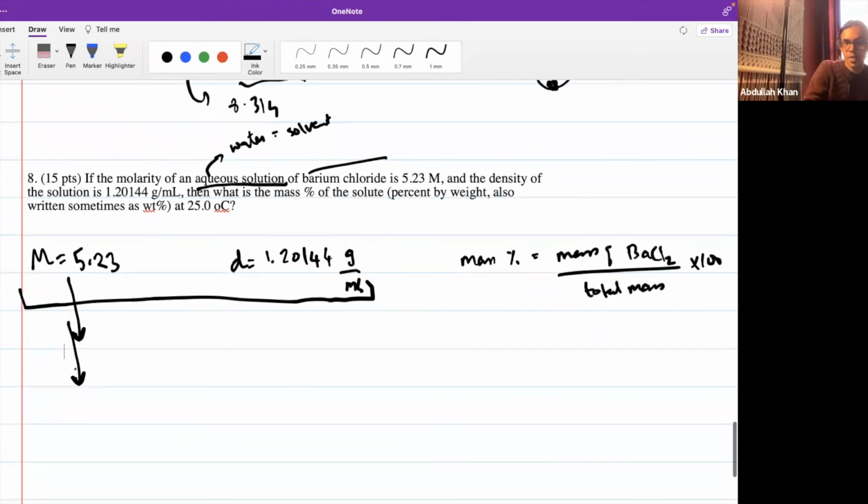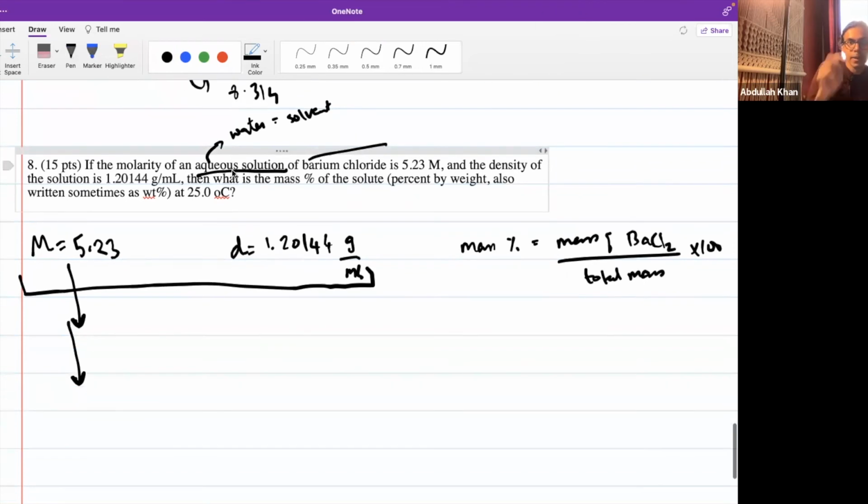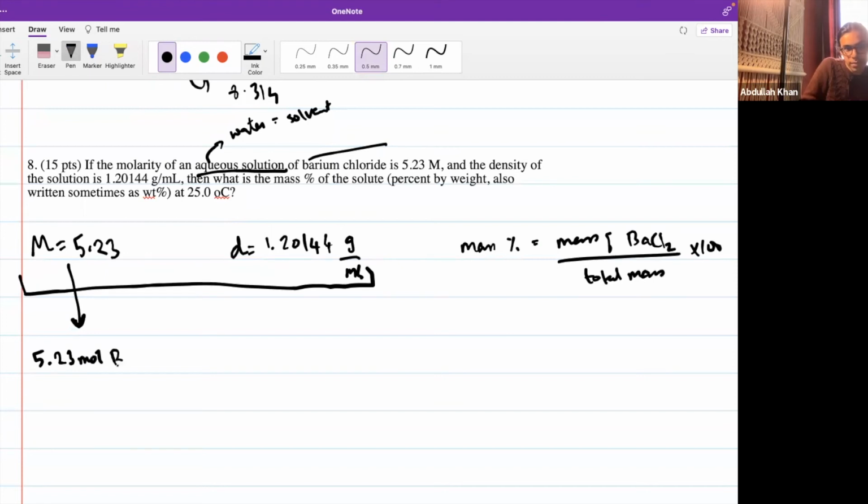It tells you how much BaCl2 there is per liter of the solution, right? You have 5.23 moles of barium chloride per 1 liter or 1,000 milliliters of the solution.